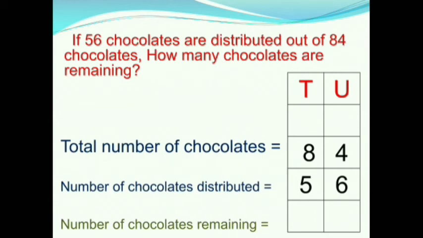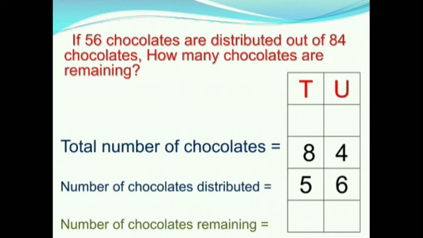Total number of chocolates is 84. Next we should write how many chocolates are distributed. Number of chocolates distributed is 56.